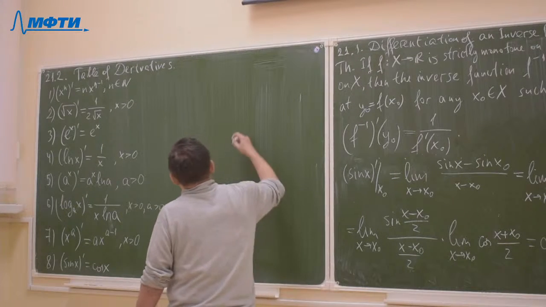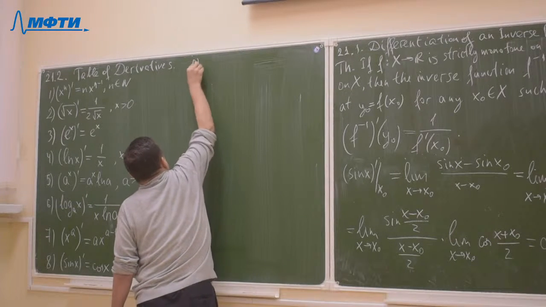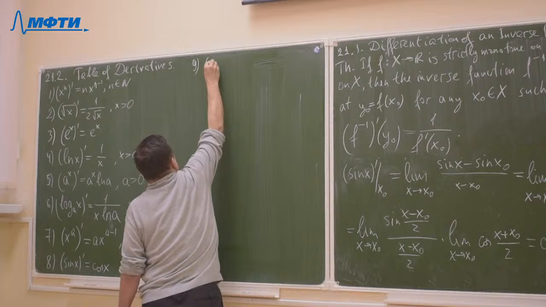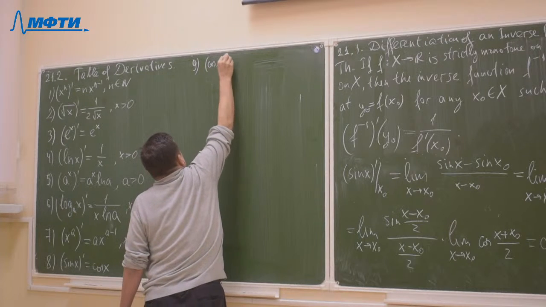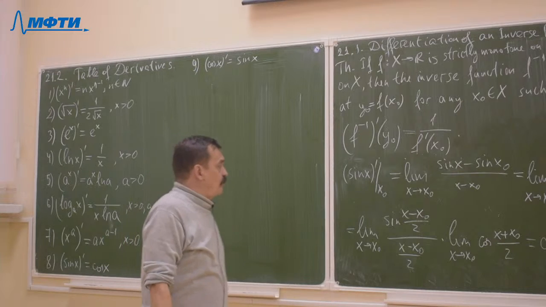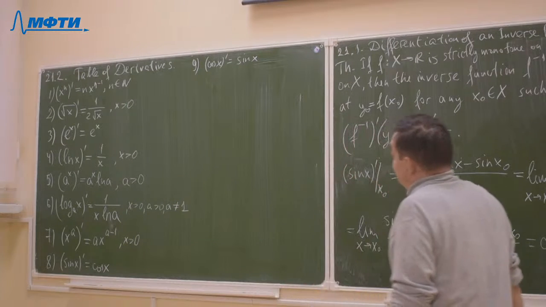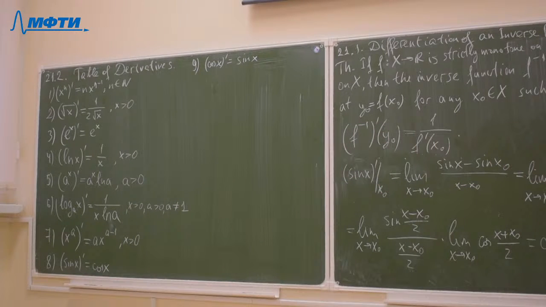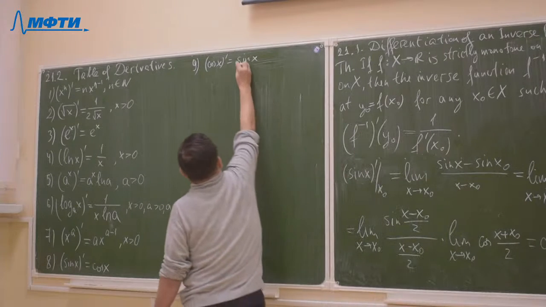Okay, 9. Next is cosine. The proof is quite, in fact, there are, sorry, minus, I forgot the minus.